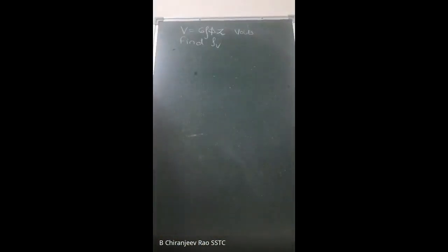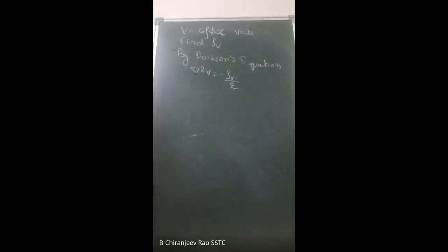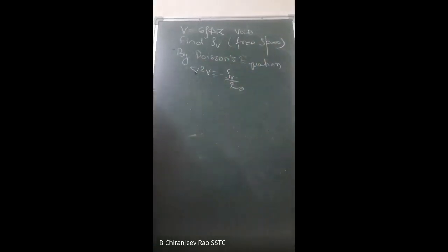Okay. So by Poisson's equation, we know that del square V is equal to minus rho V upon epsilon, ठीक है। और इसमें दिया हुआ है फ्री स्पेस पे, तो फ्री स्पेस के लिए हो जाएगा एप्सिलॉन नॉट. So del square V is equal to minus rho V upon epsilon naught.